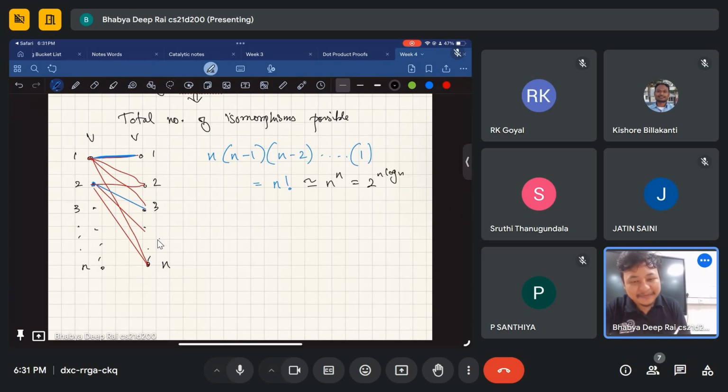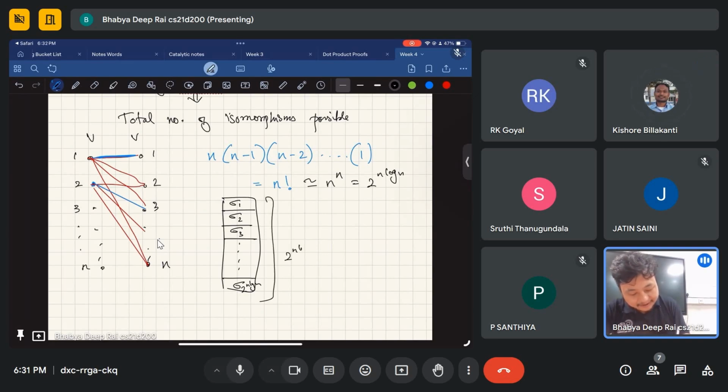Even if you say this is the first isomorphism sigma 1, this is the second isomorphism sigma 2, sigma 3, and so on, up to sigma 2 to the n log n, and let's say you become very clever, you choose to encode these indices in binary so that you need to toss fewer coins. Since there are 2 to the n log n many, I can index each of these.